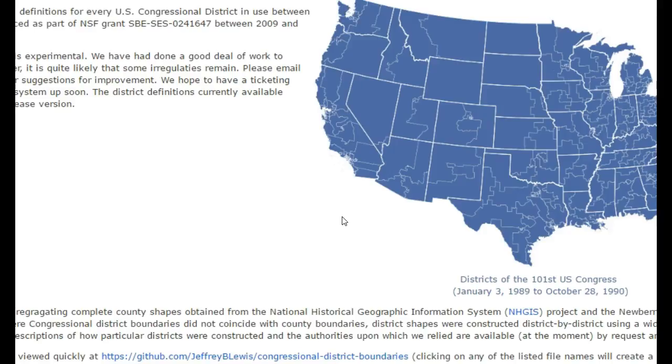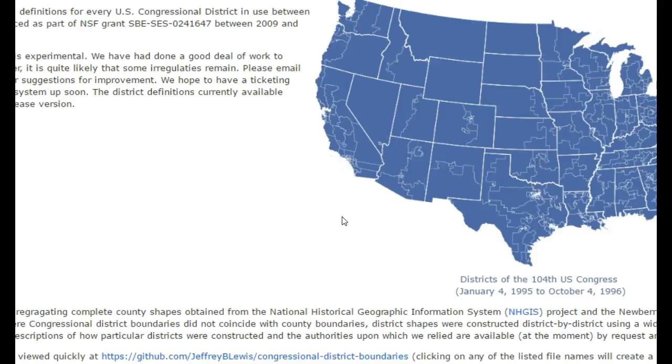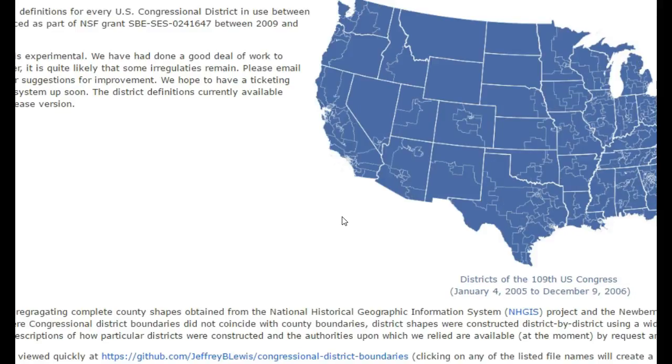Many of the maps, the districts, were pretty much the same geographic size, almost like a jigsaw puzzle with evenly sized pieces, right?